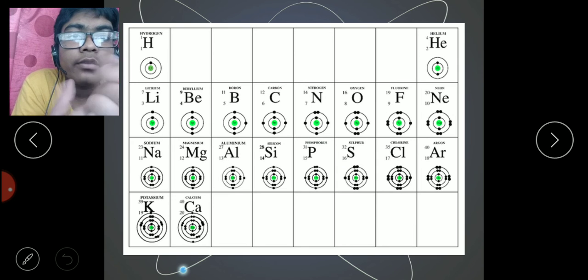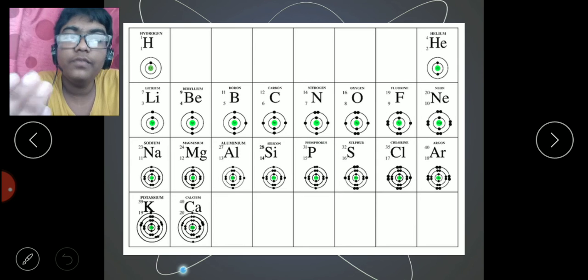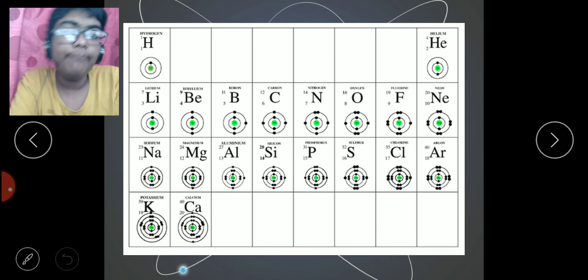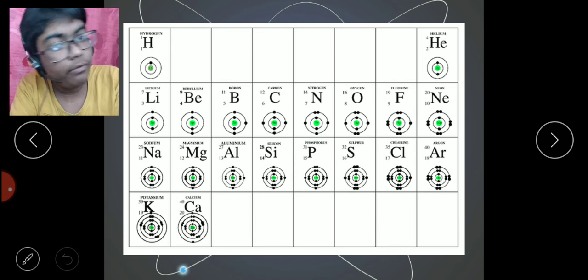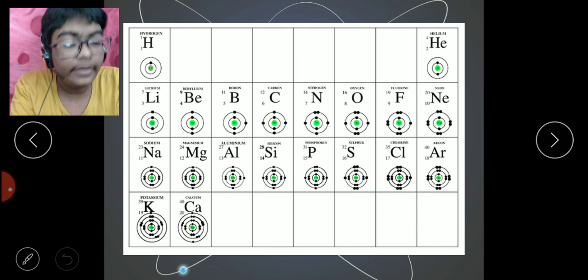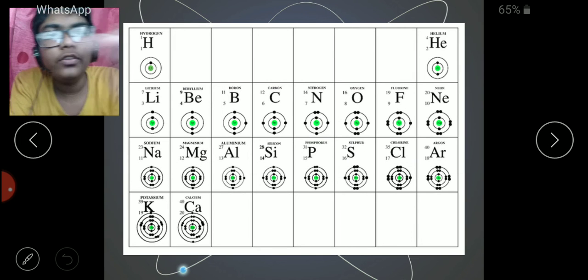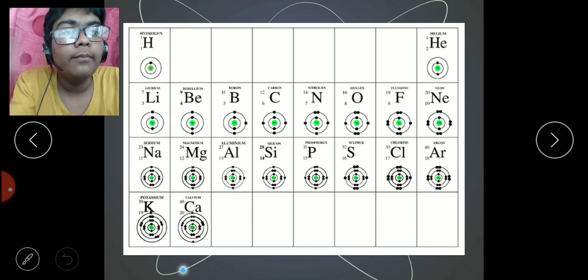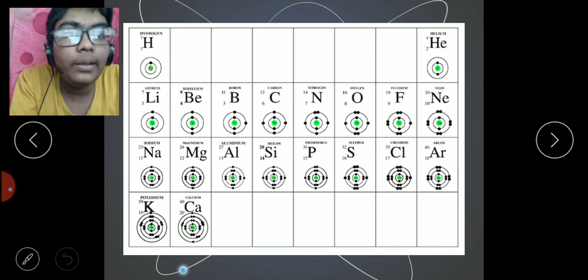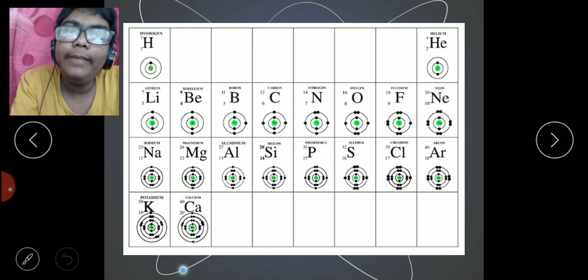Hydrogen, helium, lithium, beryllium, boron, carbon, nitrogen, oxygen, fluorine, neon, sodium, magnesium, aluminium, silicon, phosphorus, sulfur, chlorine, argon, potassium, and calcium. These first 20 elements should be learned by heart with their atomic numbers. Just learn the atomic number, and you will be able to learn all the other further things.